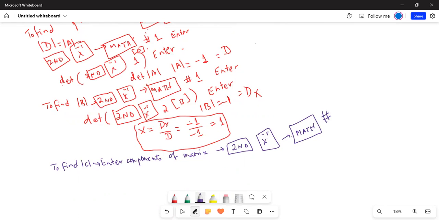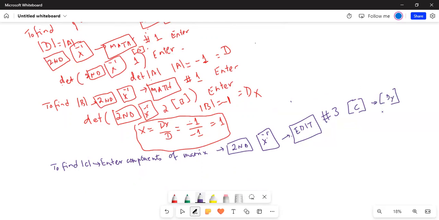I have to erase this because I'm entering the components of C. So edit, and then go down to number 3, which is matrix C. Make it a 2 by 2 matrix, and then enter the components of matrix C, which is nothing but dy.